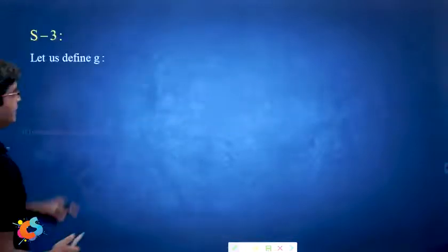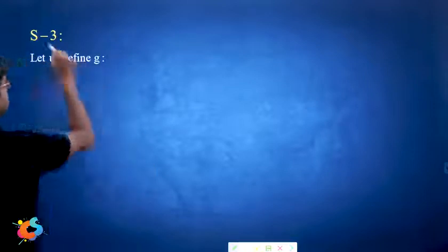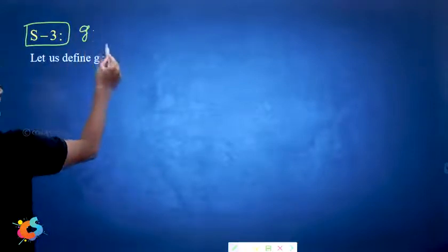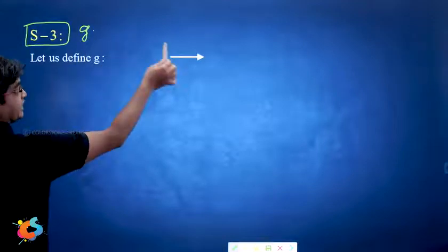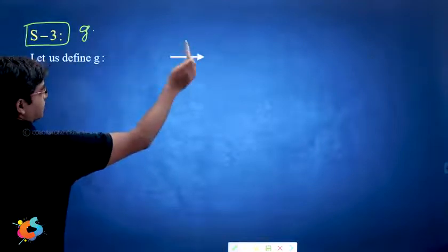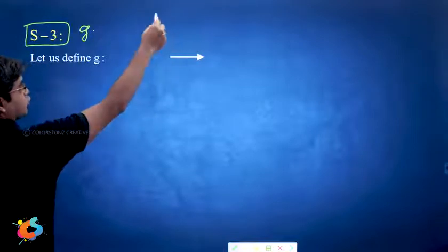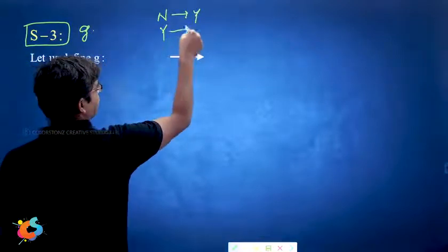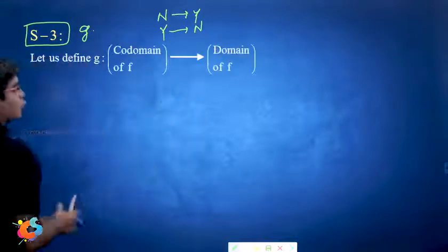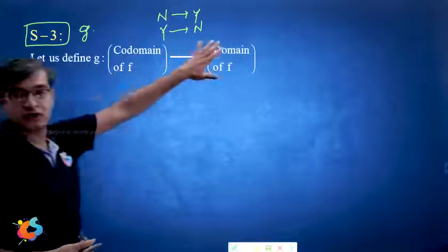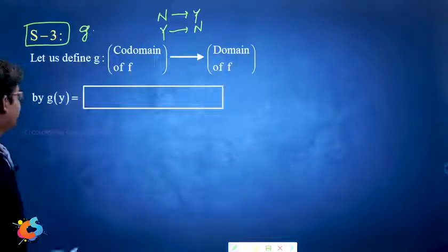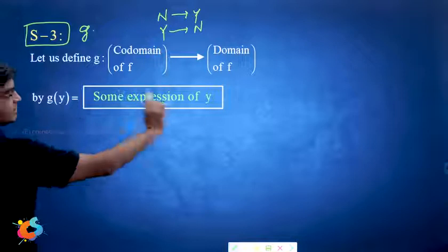Next, step 3. Let us define a function g. In step 3, what are we going to do? We are going to define a function g. And how are we going to do it? You are going to interchange the domain and codomain of the given function. Before it was from N to Y, so in g it will be from Y to N. The codomain of f will come here, the domain of f will come here. So g of y is equal to some expression of y.